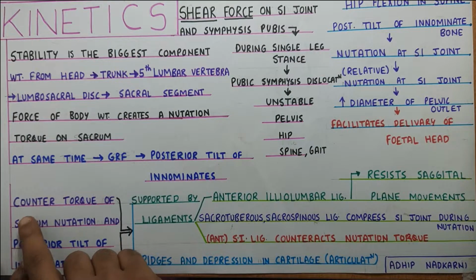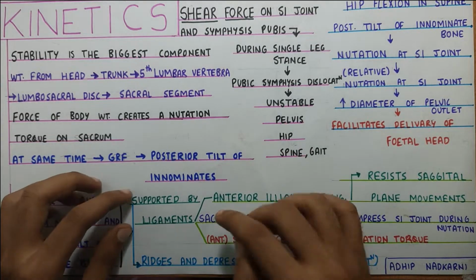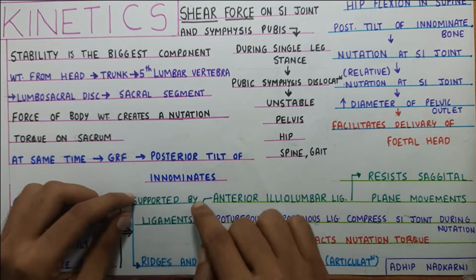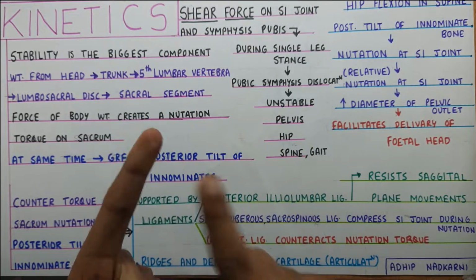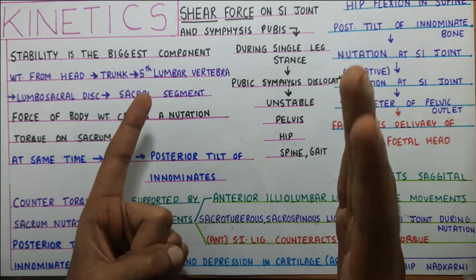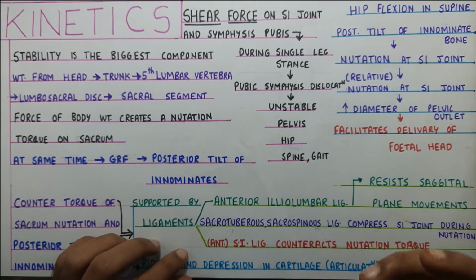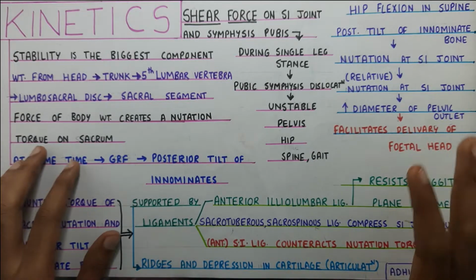And this nutation is balanced by the counter torque created by the ridges present in the articulation and also supported by the ligaments. Which are the ligaments? The anterior iliolumbar ligament, which prevents sagittal plane movements. And then the second main ligament is the anterior SI joint ligament, which counteracts the nutation torque. So with that, we finish up this topic.